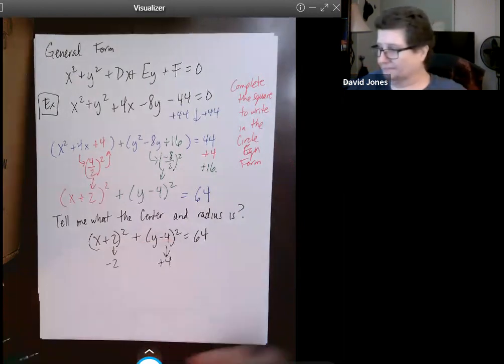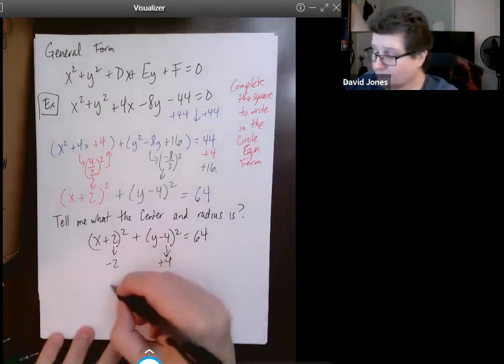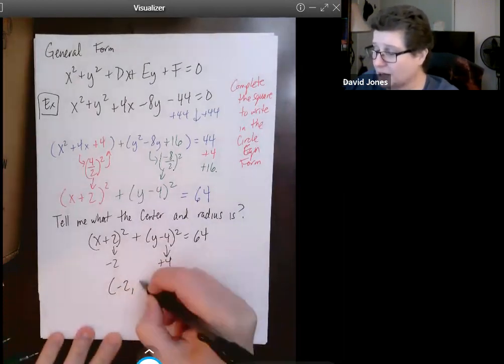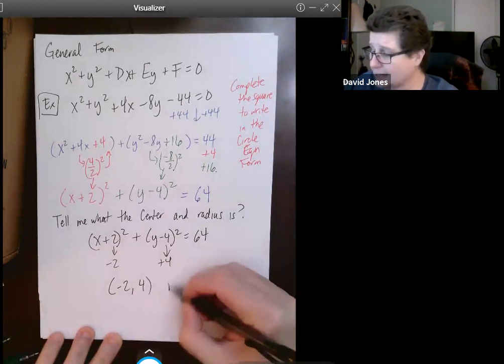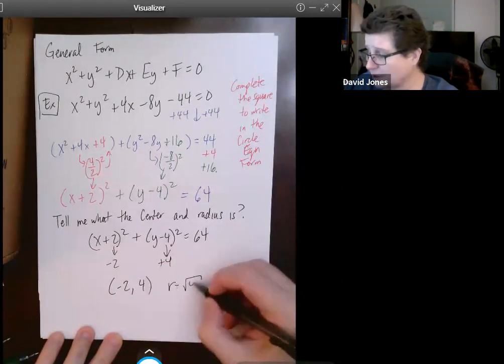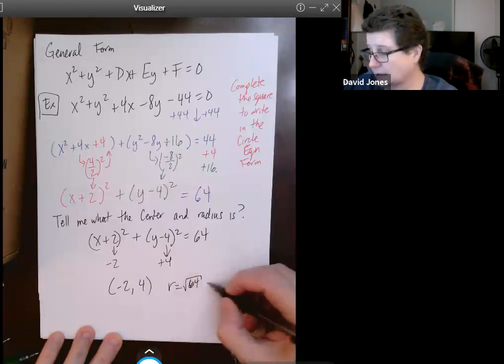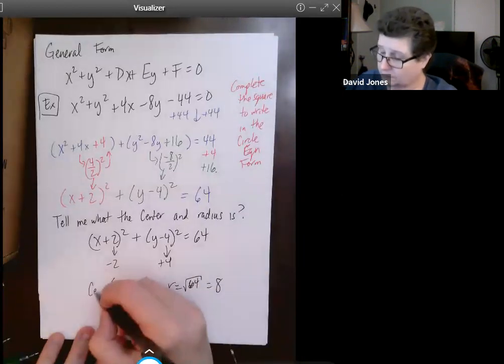So my center is -2, 4, and the radius is the square root of 64, which is 8.